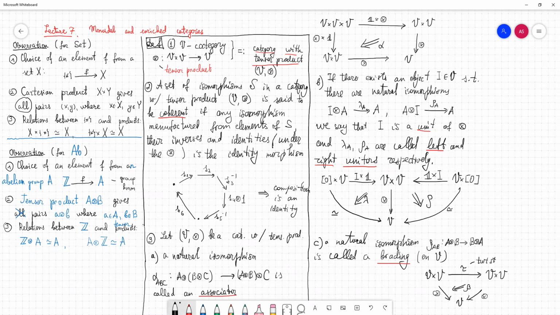Okay, to finish, I will use the corner which is still left on our board and say that the associator reminds us of associativity of the product. Unitors are multiplication with the identity.